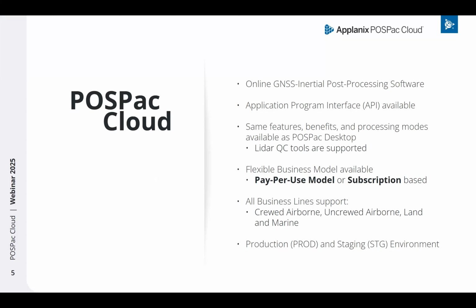POSPac Cloud delivers the same features, benefits, and processing modes you already know from our POSPac desktop software, ensuring consistency in results and performance. This includes full support for LiDAR QC tools, enabling quality control in data-rich workflows.